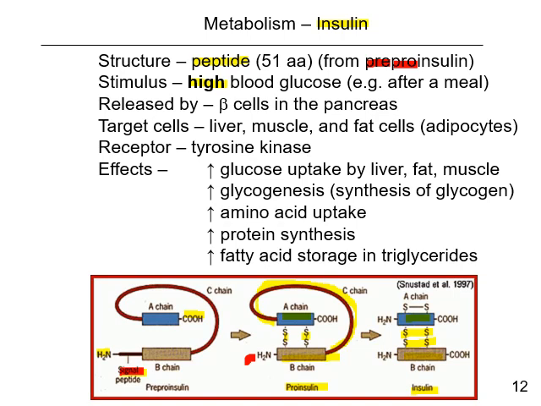Glucose increases in the bloodstream, and that is detected by the cells in the pancreas called the beta cells. So the beta cells of the pancreas detect high blood glucose and are stimulated by that. They are stimulated to release insulin.